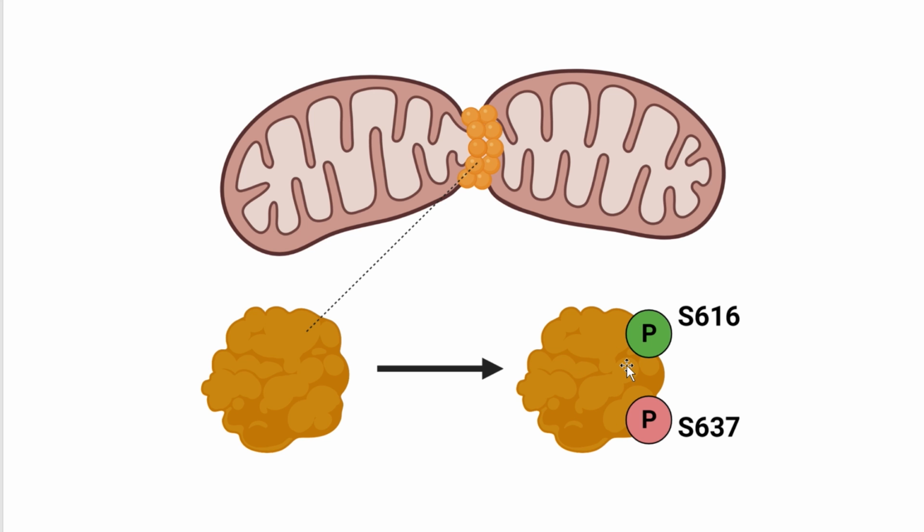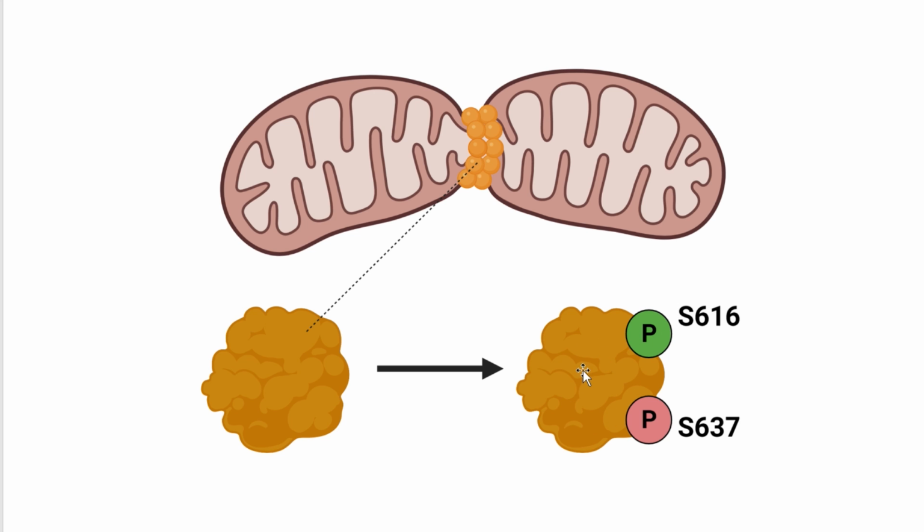This is a protein, therefore it is made up of amino acids, just like what you consume in your foods. If you add a phosphate molecule to a serine at location 637, then you get an inhibition of DRP. If you add a phosphate to the serine at location 616, you get an activation of DRP.